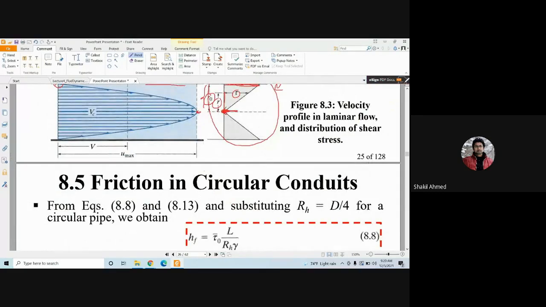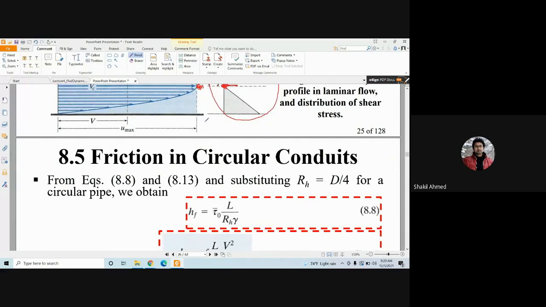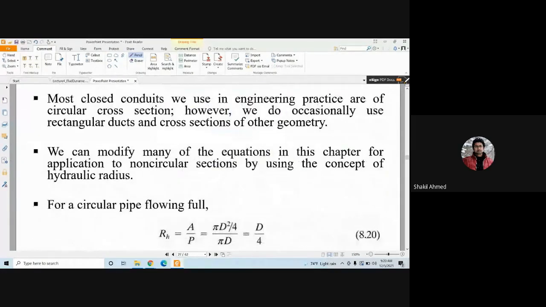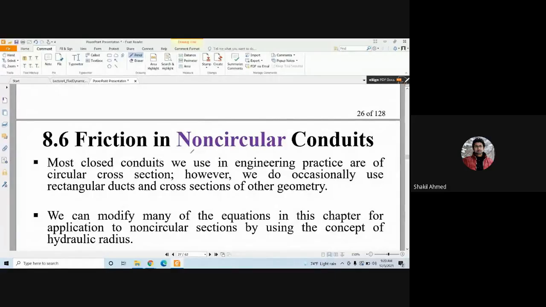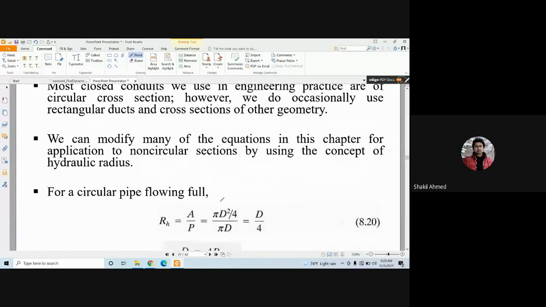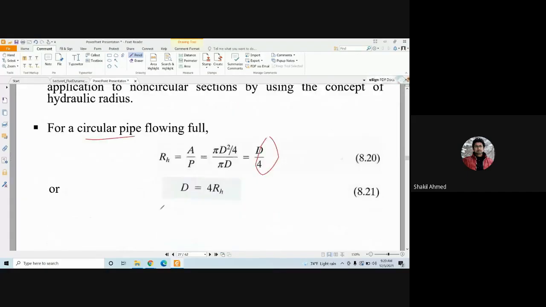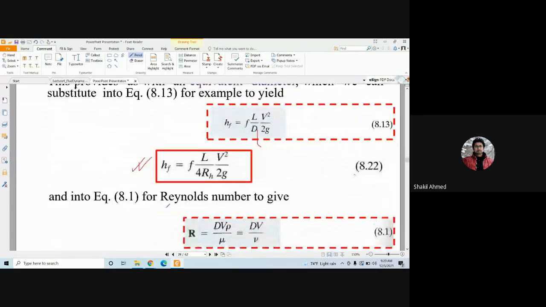Shear stress is the minimum here, and therefore the velocity here is the maximum. Now if it's a non-circular conduit, then you cannot write RH equal to D by 4. For a circular conduit you can write this, but for a non-circular conduit you cannot.